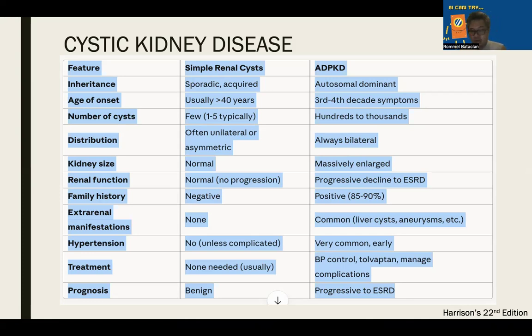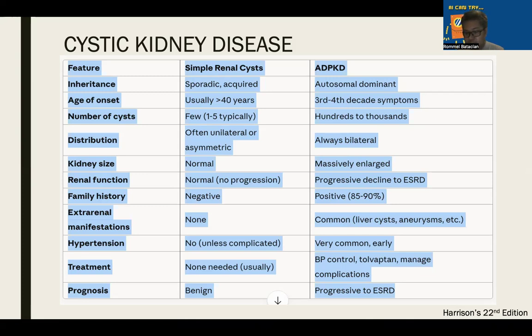So extrarenal manifestations are also common in autosomal dominant polycystic kidney disease. Early on, ADPKD can be asymptomatic, but if it became enlarged, it could present with pain, which is the most common symptom. Kidney stones could be present in 20% of the cases.